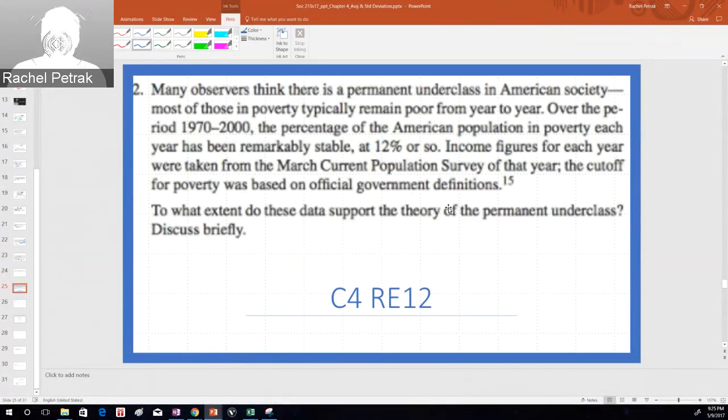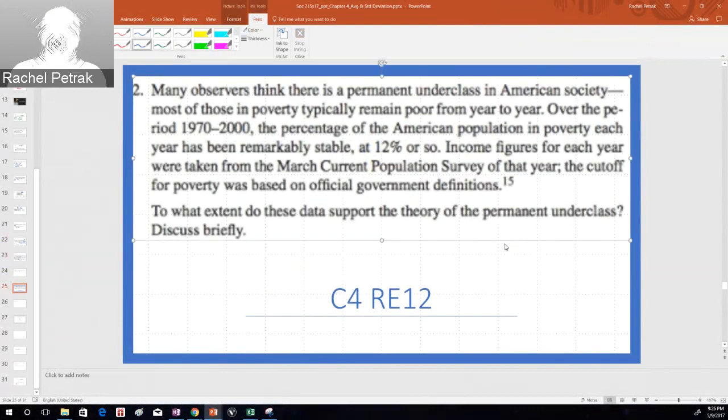We need more information about the longitudinal trajectory, or the longitudinal path, of participants' individual poverty experiences in order to really have a stronger case for this theory of the permanent underclass.